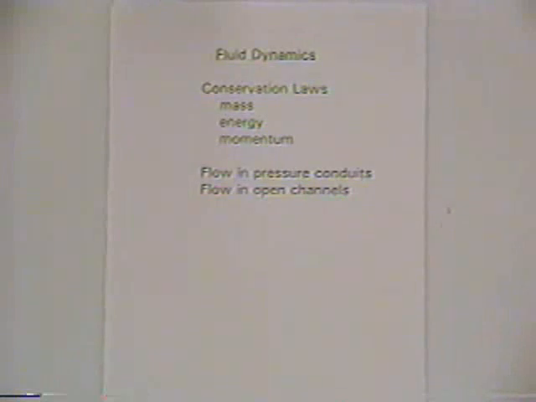And open channels means that there's a liquid with a surface at atmospheric pressure. We'll focus primarily on flow in pressure conduits. And there's one equation given in the reference manual, which we'll want to be sure to get to a little later as we go, that deals with open channels.